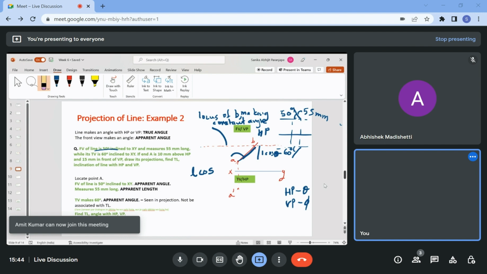So I can either have a circle whose radius I should know, which is equal to L cos phi. Phi is the angle with the vertical plane.